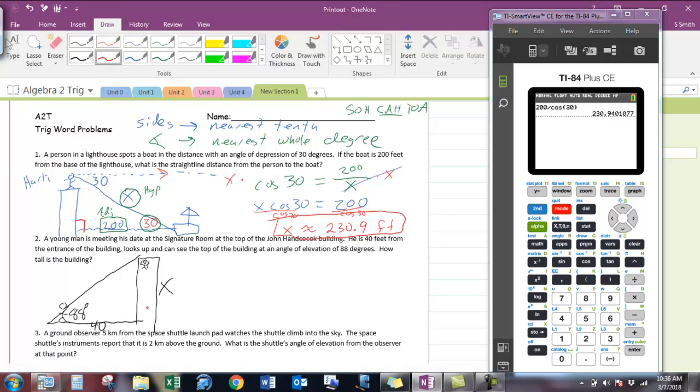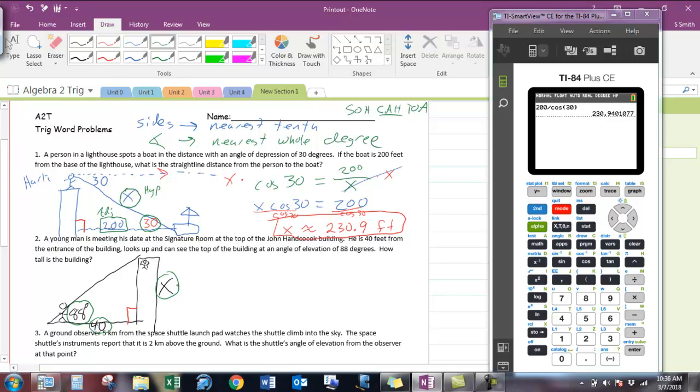So where is our right triangle? Well, the building is the right angle with the ground. Here's all of our stuff. So there's the figure. We're working with 88 degrees. We're working with this 40, and we're trying to find x on this side. So this angle, what is x in relation to 88 degrees?